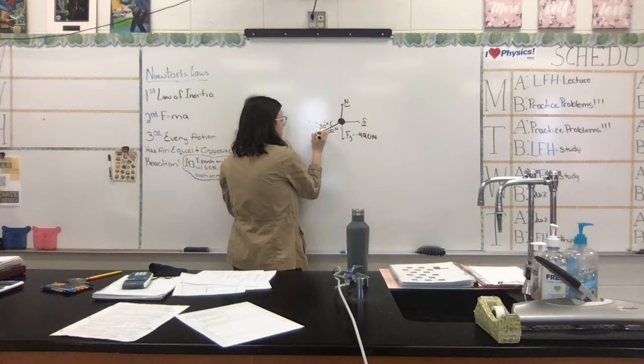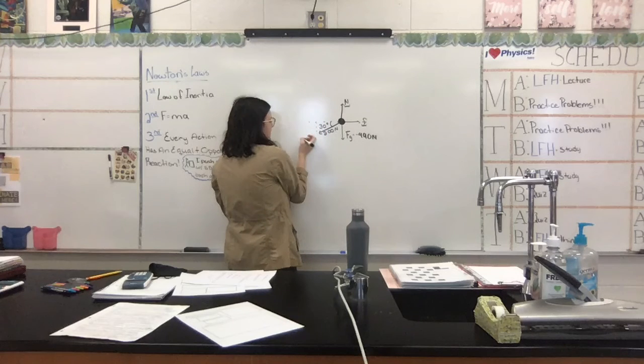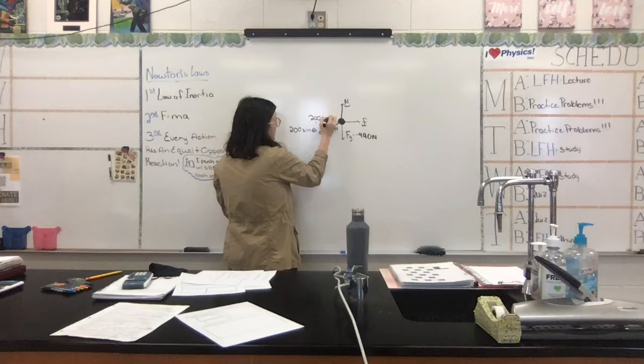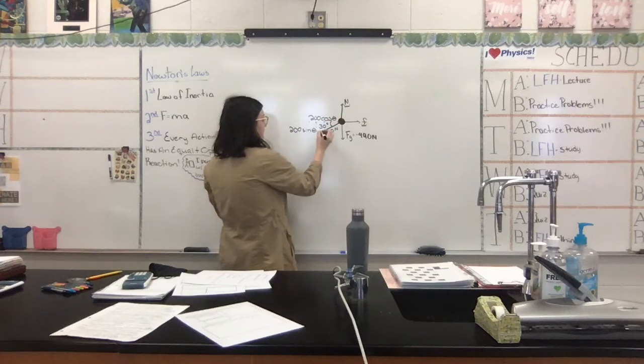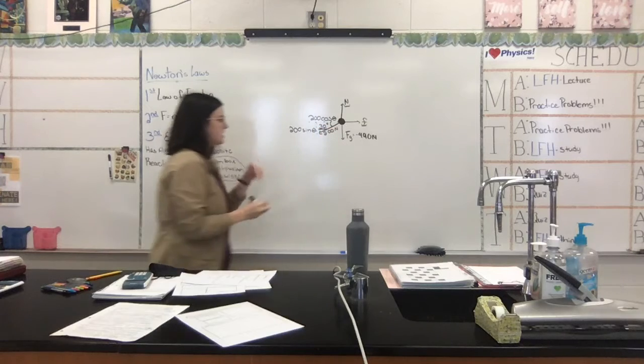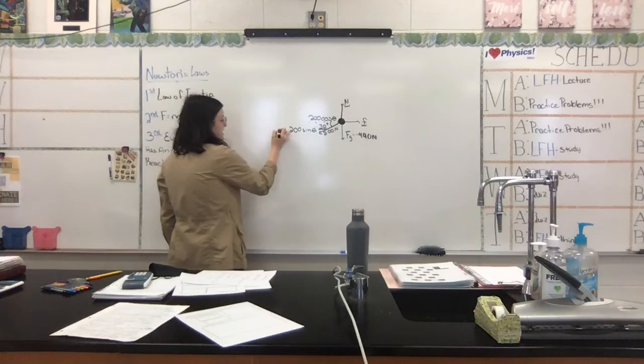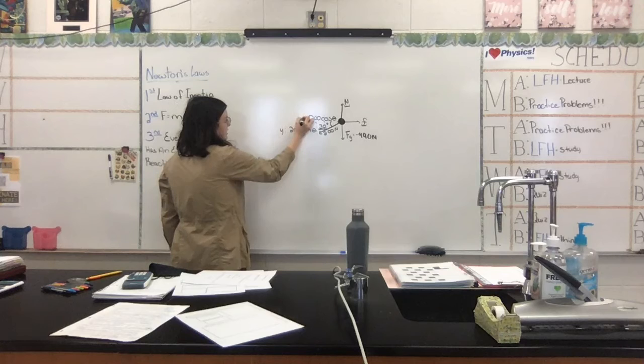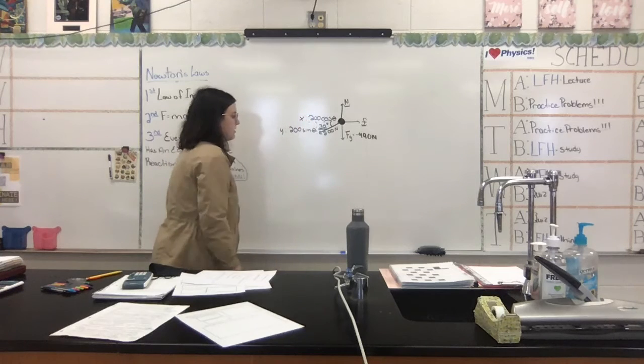So just so we're all on the same page, the y component of this is still going to be 200 sine of theta, and this x component will be 200 cosine of theta. And theta is 30, just for when we need to use those. So this is the y component, and this is the x component.